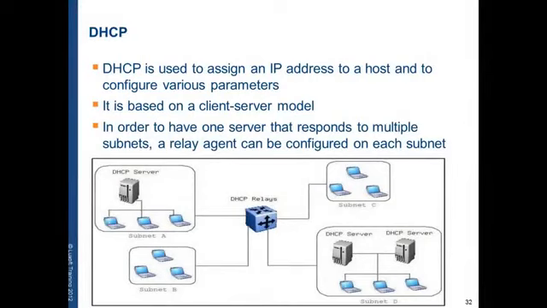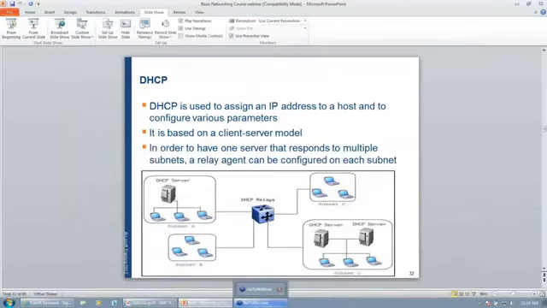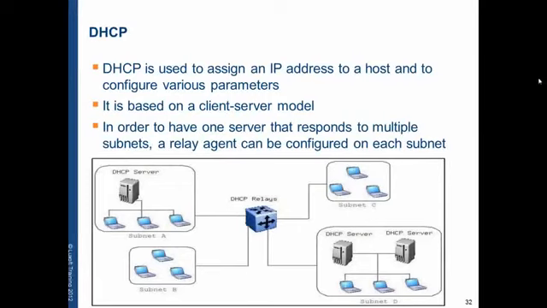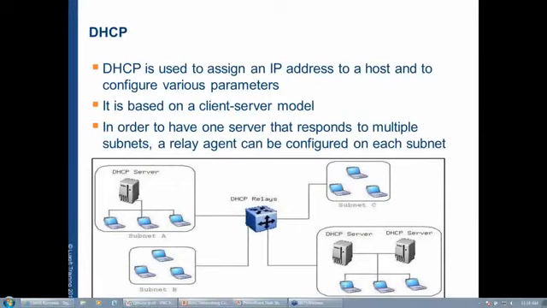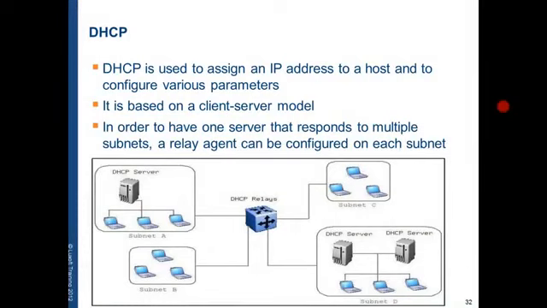This kind of configuration works well only when we have small networks. If we have a big topology, with a lot of devices inside our network, then it will be very tedious for an administrator to configure statically all the IPs inside that network.